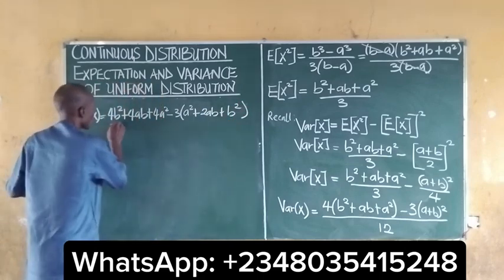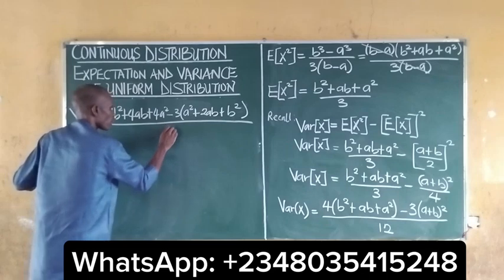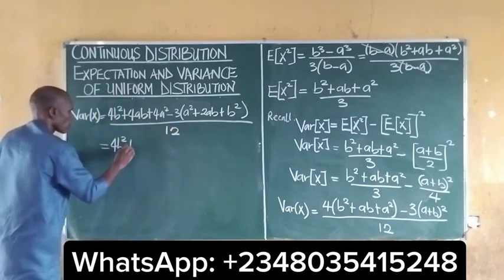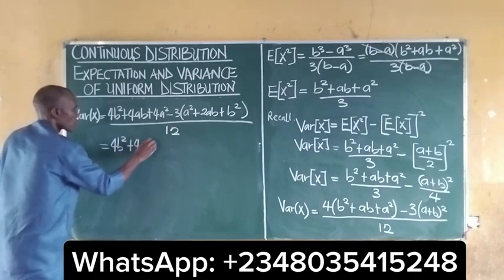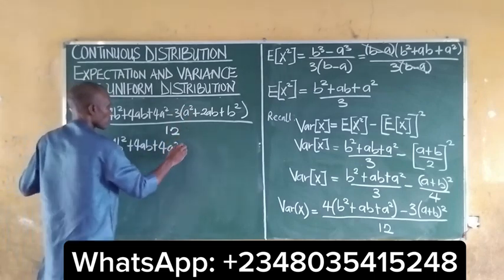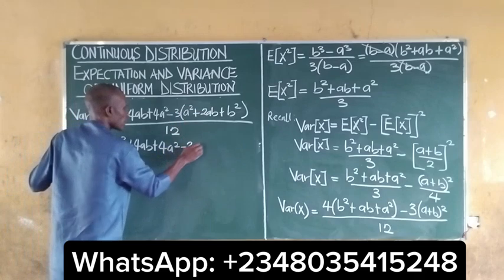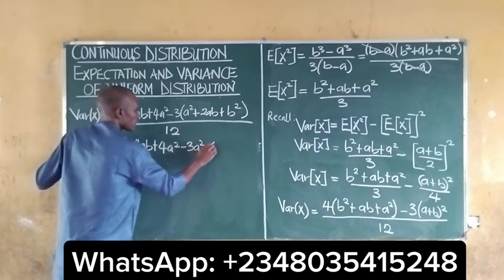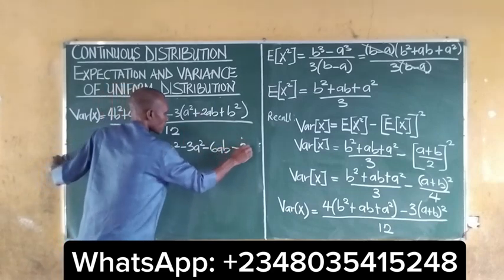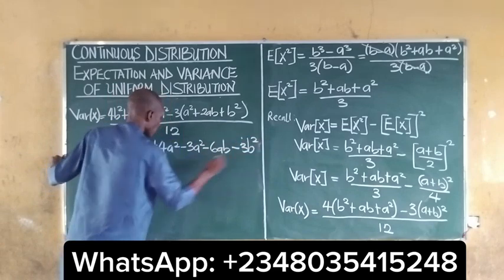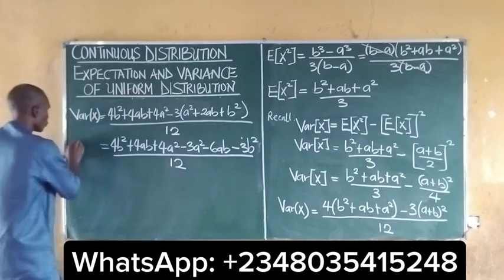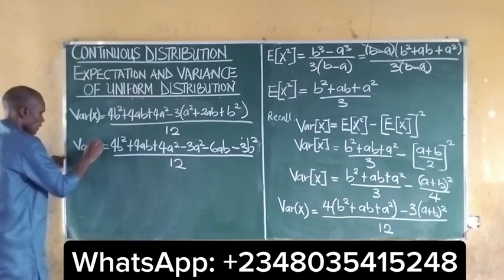This is what we get, all over 12, which is also equal to 4b squared plus 4ab plus 4a squared. We can open this to give us minus 3a squared minus 6ab and minus 3b squared all over 12, which is our variance of x.